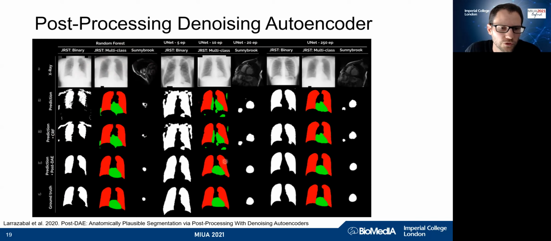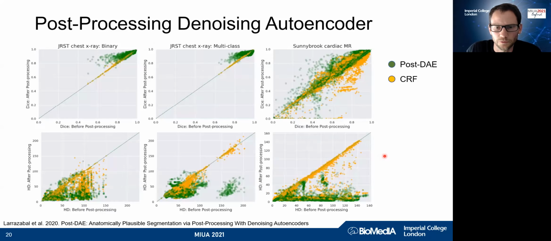A CRF also gives you a cleanup, so it does reduce the noise in the predictions, but the cleanup is not necessarily constrained in a way that gives you anatomically plausible outputs, while the post-DAE has learned to clean up in a way that you get something that is closer to the true anatomy that you want to get out.